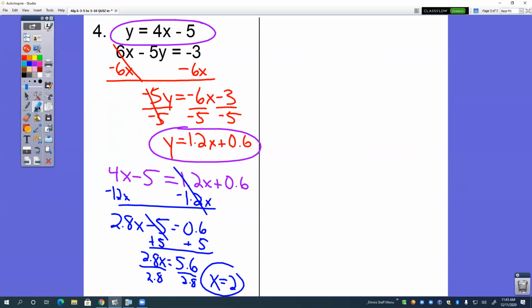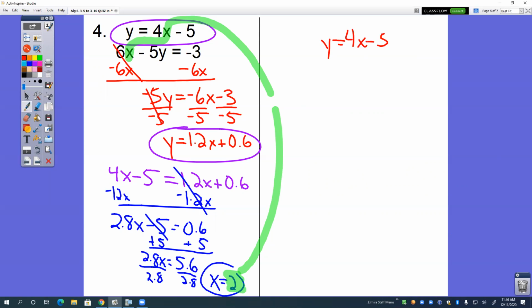Now that I have one of my two answers, I need to take this and either sub it into here for x or here for x. I personally like the top one better. So I'm going to sub it into y equals 4x minus 5. I'm going to take my 2 and sub it in.